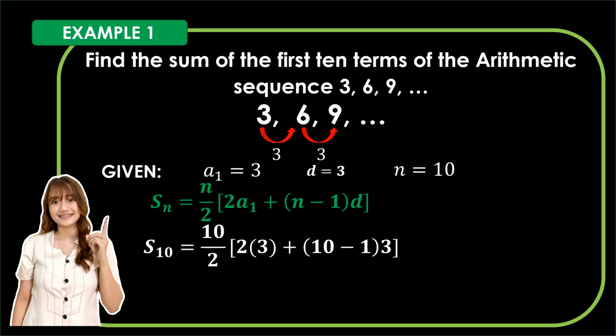Substitute the given values to our formula. We have S sub 10 is equal to 10 divided by 2 times the quantity 2 times 3 plus 10 minus 1 times 3.